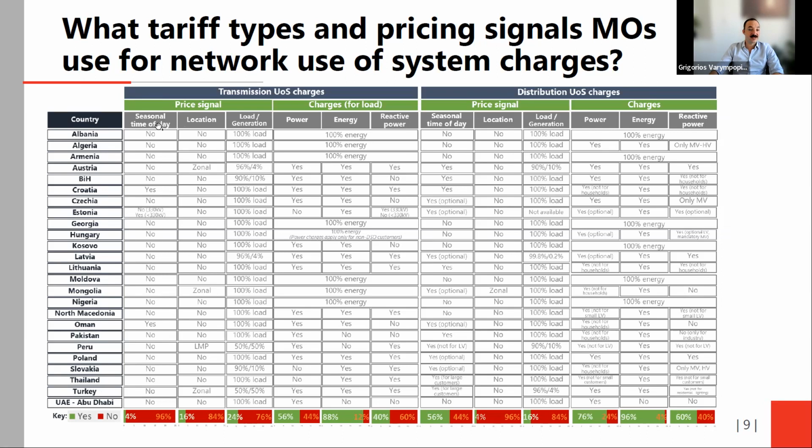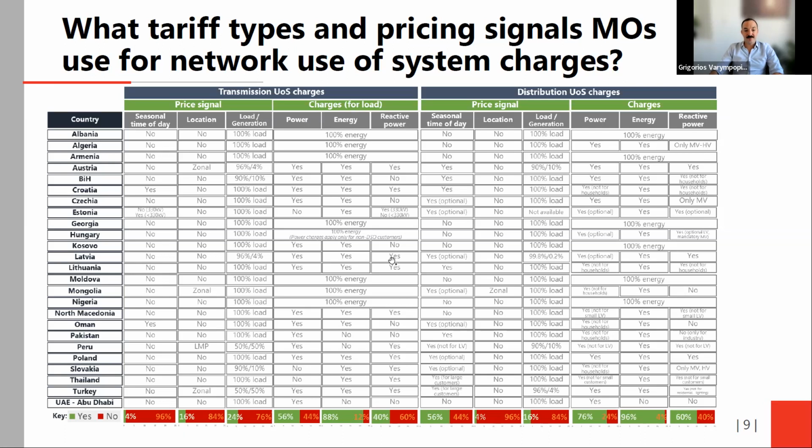So if they have a seasonal time of day tariff, in terms of locational signals, do they have zonal pricing, long-run marginal cost pricing, or tariffs that provide locational signals? And also what is the signals they pass to generation or load by applying a generation tariff and not only a tariff on consumers and load.